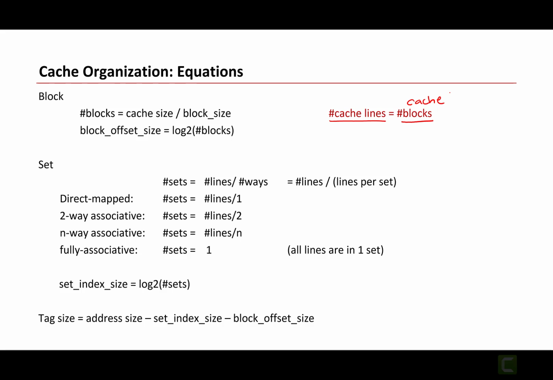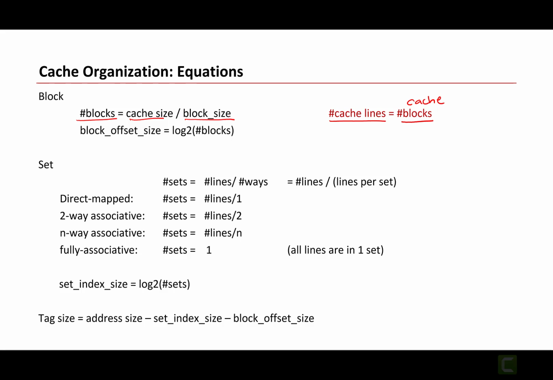A cache line refers to the hardware structure that stores the cache block along with the metadata such as the tag, LRU bits, and the valid bit. But in terms of the numbers, they are exactly the same, and that's one of the reasons why they get used interchangeably. The way to compute the number of blocks, or the number of cache lines, is by dividing the cache size by the block size.